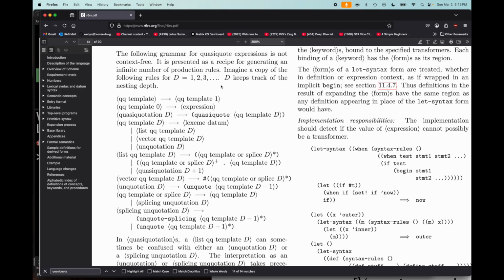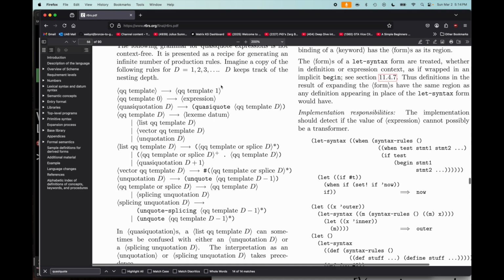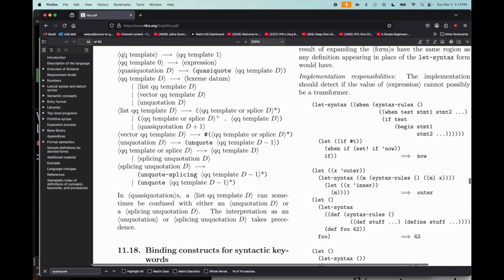If you see an unquote or an unquote-splicing, what it means depends on how nested you are. All right, so here's a template. So I guess we're keeping track of the depth here. The initial template, great, we're at depth 1. If we're at depth 0, then the expression itself gets evaluated, I guess.